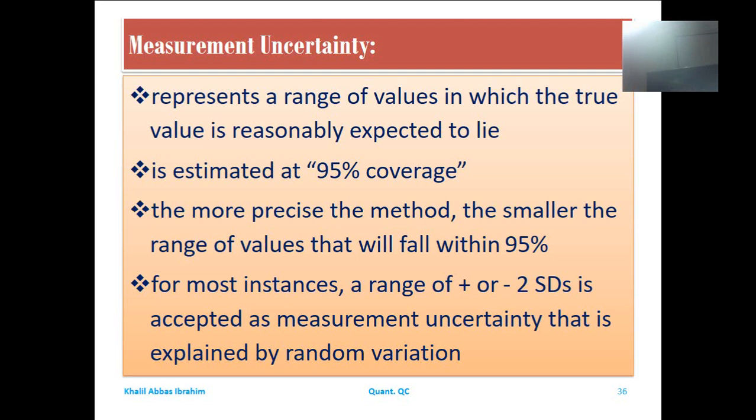Uncertainty represents a range of values in which the true value is reasonably expected to lie. This is because it is not necessary in clinical laboratories to identify exactly one unique specific value as the true value. Although it is difficult to determine this, it is also of no use.